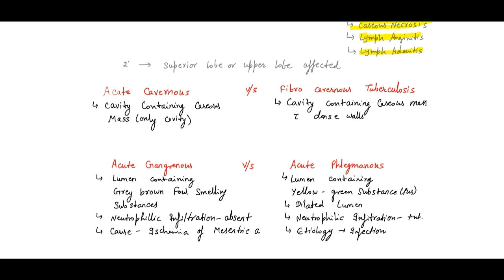The next is, if you have fibrocavernous in the question, tuberculoma in the question, but also acute cavernous in the option, what will we do? Remember, if you are doing path morphology questions, first check all the options 1 2 3 4 5. Then you will get some idea which part the question is from.